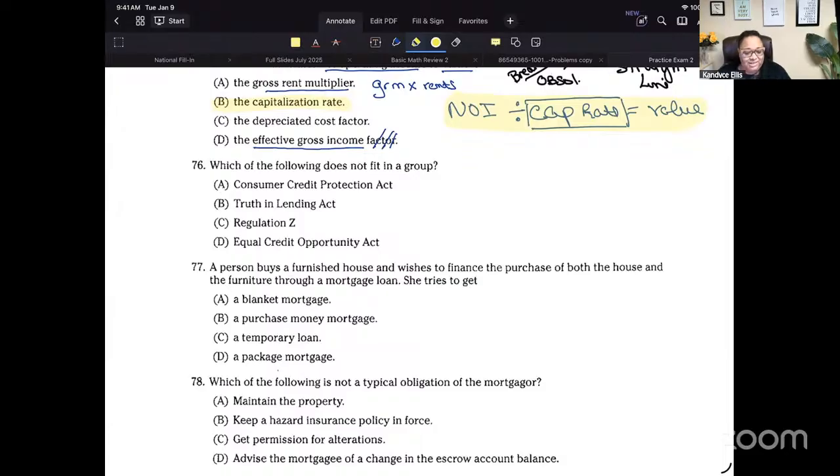I see your tricks. All right, which of the following does not fit in the group? Consumer Credit Protection Act, Truth in Lending Act, Regulation Z, and Equal Credit Opportunity Act. What are we thinking?